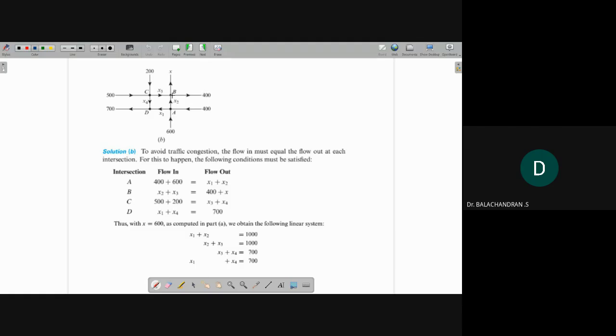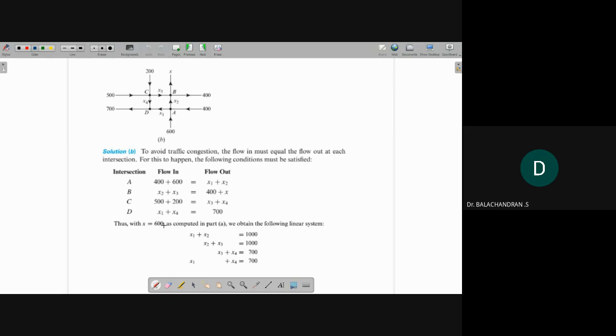Similarly, at junction B, x2 plus x3 is 400 plus x, but we know x is 600. At junction C, x3 plus x4 is equal to 500 plus 200. At junction D, x1 plus x4 equals 700.